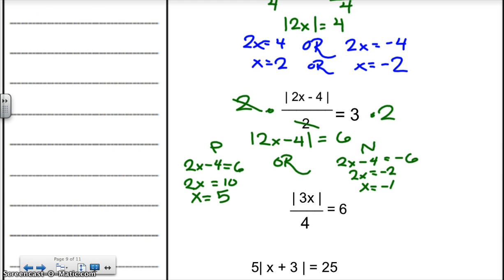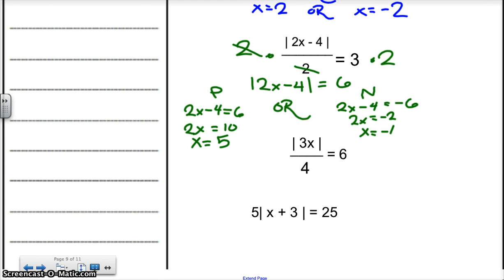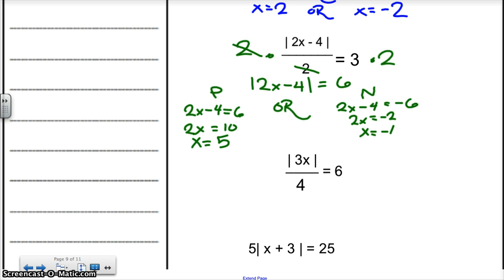Okay, this is the last example I'm going to do with you guys. The absolute value of 3x over 4 equals 6. So, what do I need to do to get my absolute value sign alone? Jasmine? Multiply each side by 4. So right now, this 4 is by it, so I can't make my cases. So I need to get rid of that 4. And I get rid of the 4 by multiplying because this represents division.